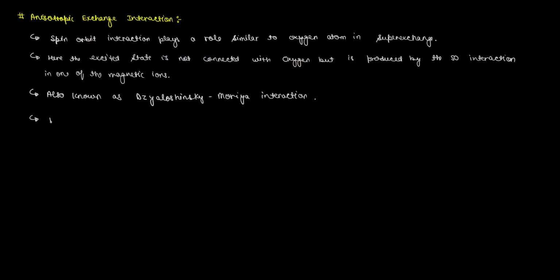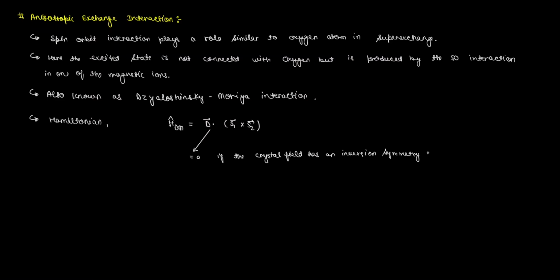When this interaction acts on the two spins S1 and S2, it leads to a term in the Hamiltonian given by d dot S1 cross S2. Here, this vector d vanishes when the crystal field has an inversion symmetry with respect to the center between the two magnetic ions.